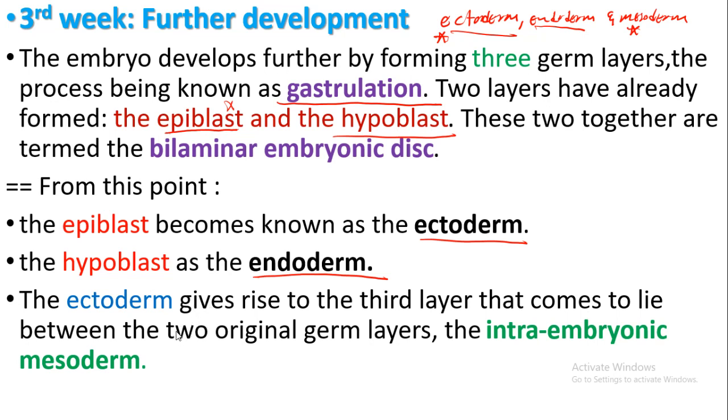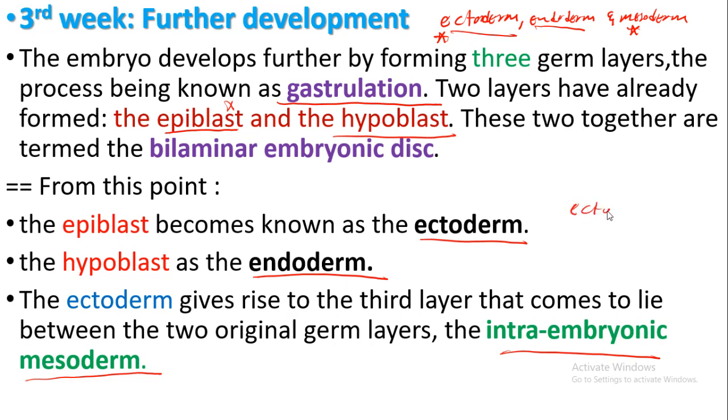This leads to the formation of the 3rd type of layer, which is known as the intra-embryonic mesoderm. Remember, this is an intra-embryonic mesoderm. And this intra-embryonic mesoderm is a layer which is between the ectoderm and the endoderm.